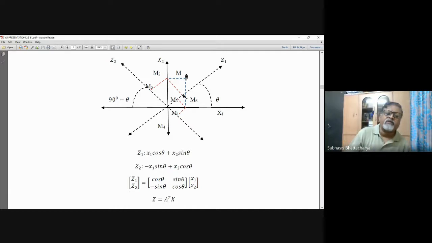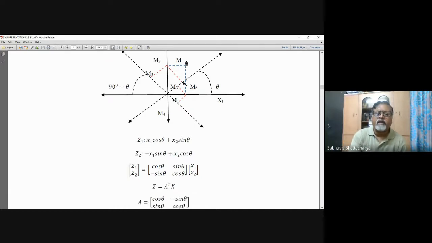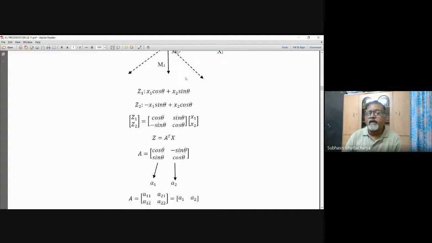If there are many variables, we can write this as z equals A transpose x. This is the transpose matrix, cos theta sin theta minus sin theta cos theta, where the original matrix A is cos theta minus sin theta and sin theta cos theta.